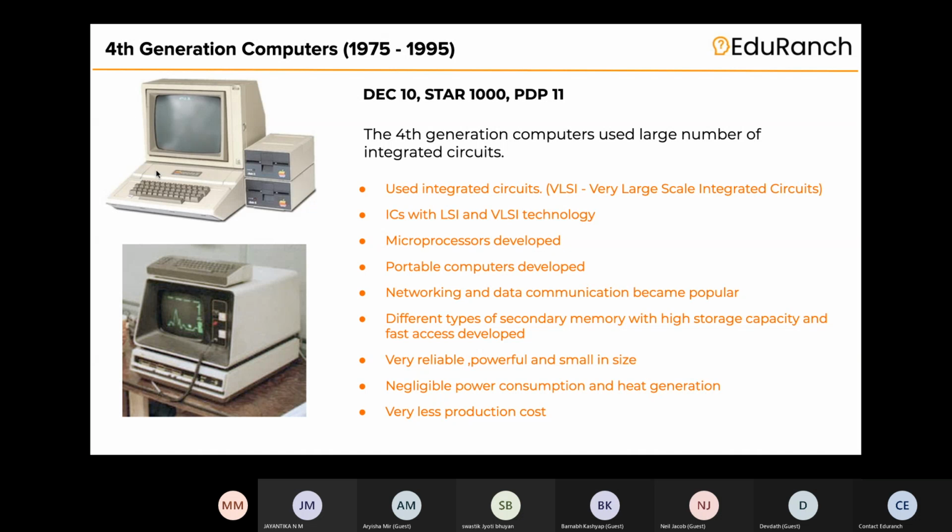This used to do more than addition, subtraction, multiplication. This used to do a little bit more, with lesser power consumption and lesser cost. So everyone was able to afford this kind of computer. For the common man, this was the computer which was accessible in the early 1990s, between 1975 and 1995.